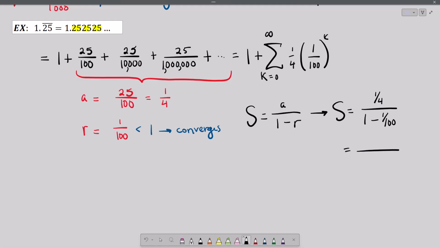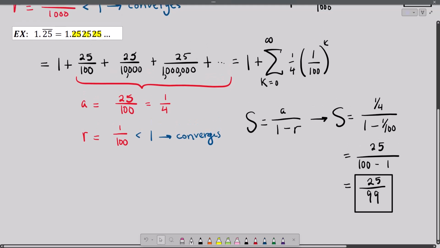Multiply through by 100. Multiply that by 100, we get 100 over 4, which is 25. And subtract 1 from 100, we get 99. So this will be the series part of it, the infinite series part of it.